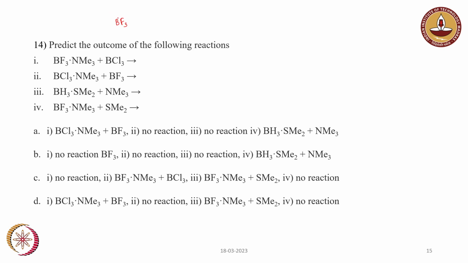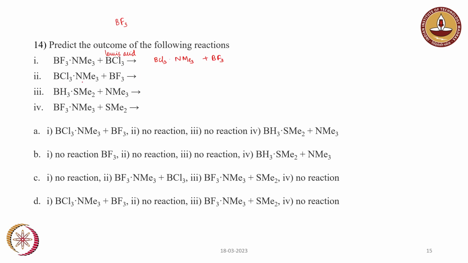So the Lewis acidity is low in BF3 compared to BCl3. So BCl3 is highly Lewis acidic compared to BF3. So this reaction will proceed and will give the product BCl3·NMe3 plus BF3, because BF3 is less Lewis acidic compared to BCl3.